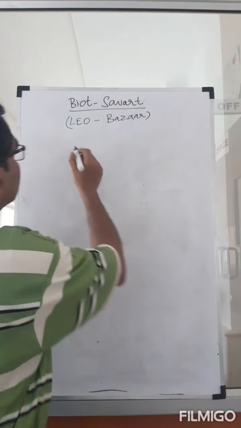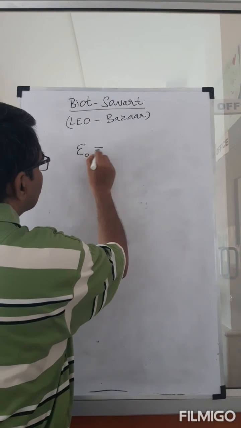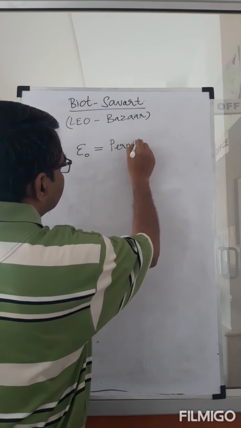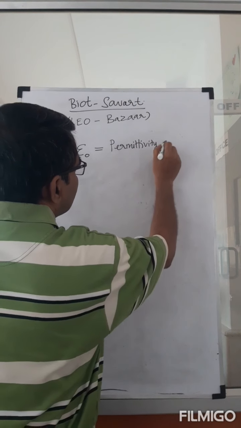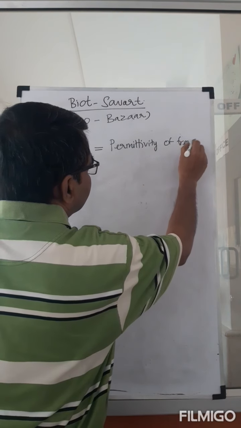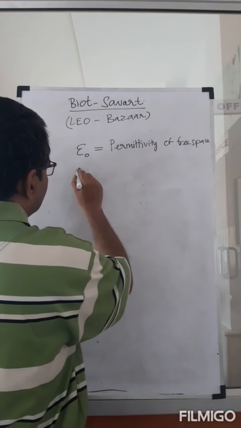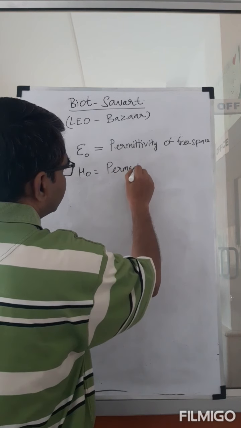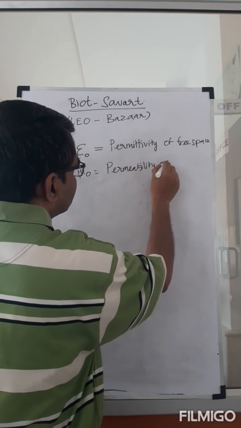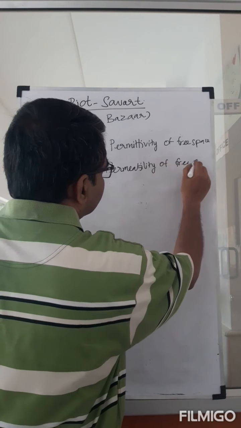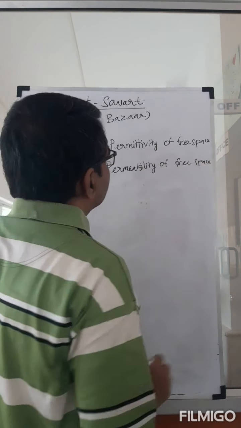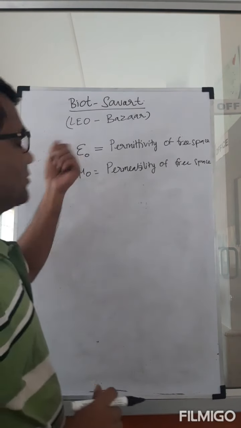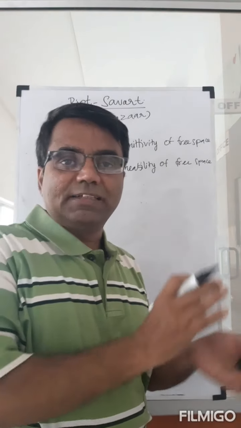So, this epsilon naught is called the permittivity of free space, and mu naught is called the permeability of free space. Let me take these two quantities and then multiply them and then see what you get.